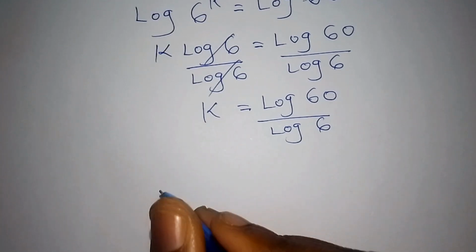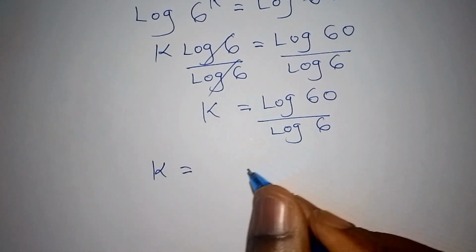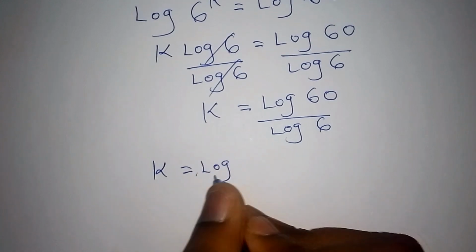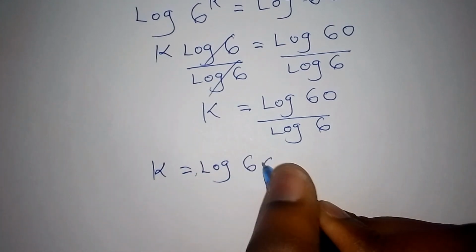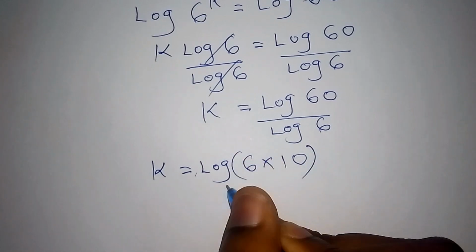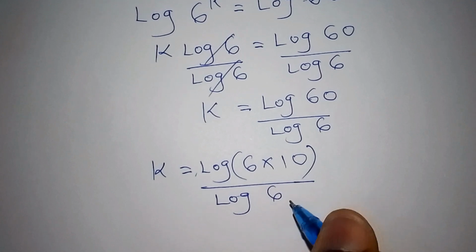You can still factorize it further and say that k is equal to the log of 60, which can also be written as the log of 6 multiplied by 10. This one you can put inside the bracket, all over the log of 6.